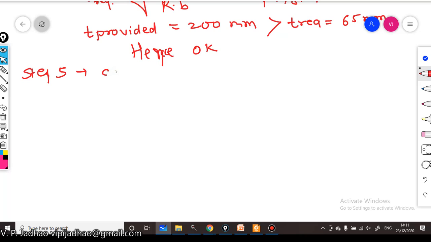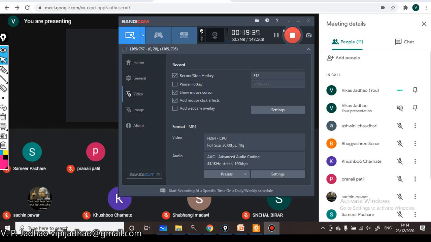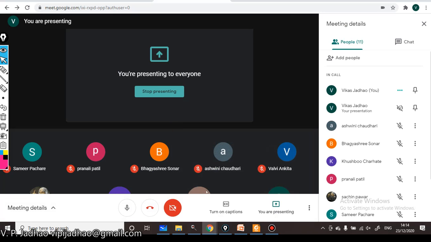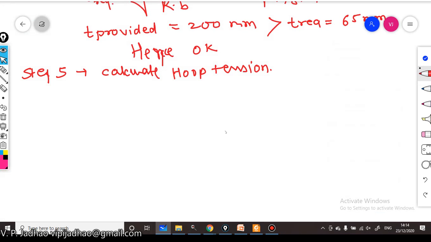We have to now calculate the value of hoop tension.